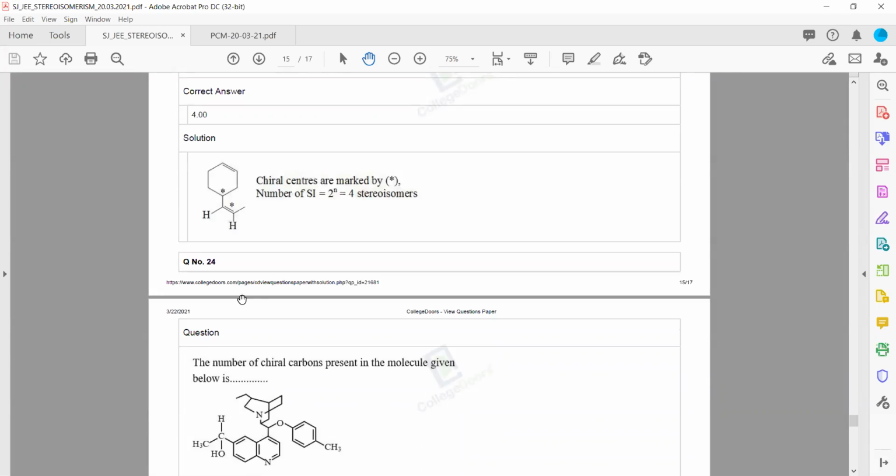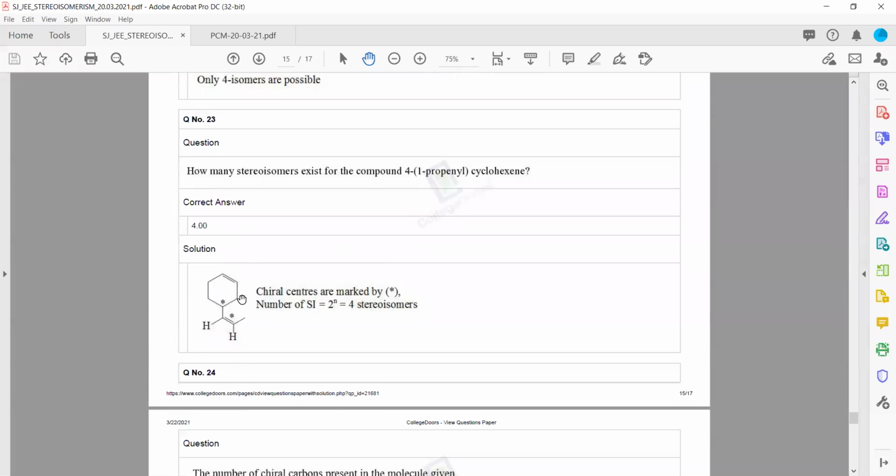Next, the number of chiral carbons. Can you explain how the carbon in the ring is a chiral carbon? This one. Yes. If you consider this carbon, one of the valences is the propenyl group. Next, if you look, there is a CH2, CH2, CH double bond CH and CH2.